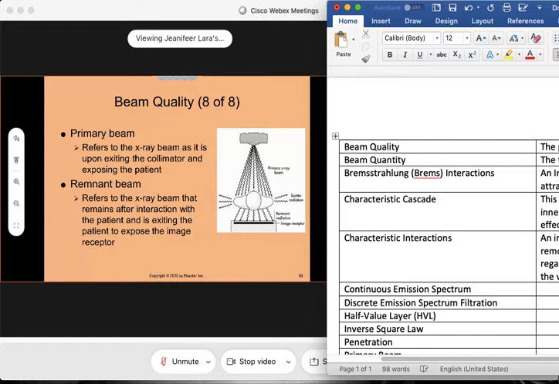Because we know that all of the X-rays released from the source are going to encounter the body. They may be absorbed, they may be angled in direction. So whatever X-rays reach the image receptor after leaving the body is called remnant, or sometimes called exit.